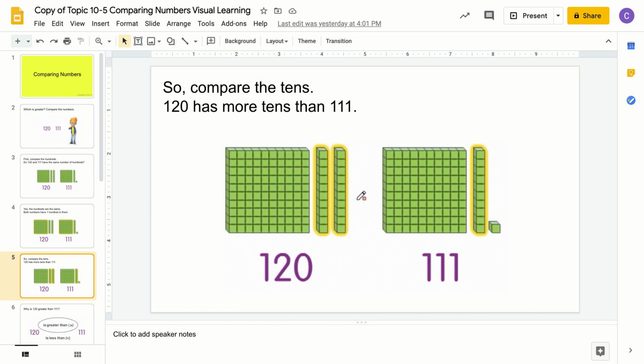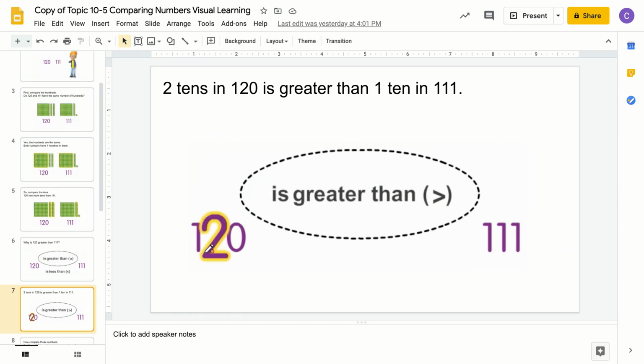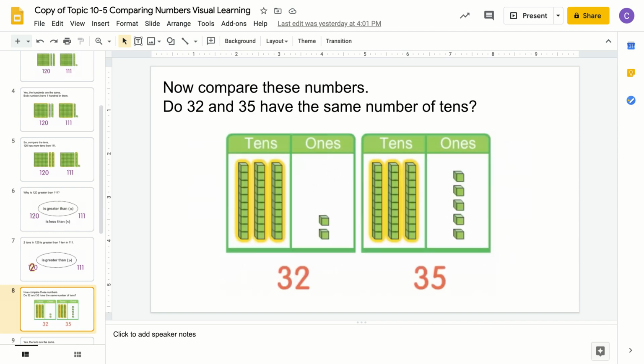So this one has more than this one. So 120 is greater than 111. Like I mentioned earlier, 2 tens and 120 is greater than the 110 that was in 111. So 120 is greater than 111.